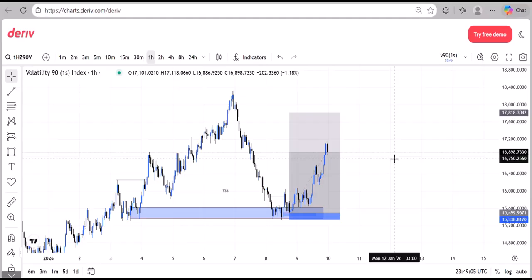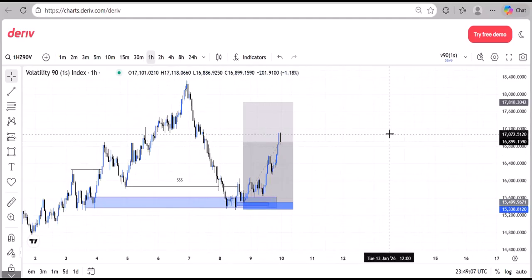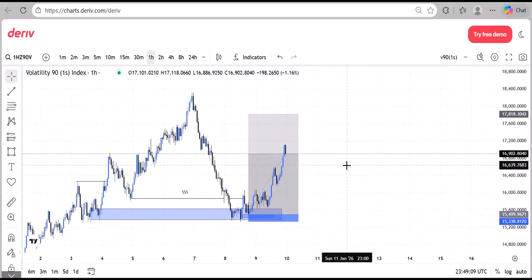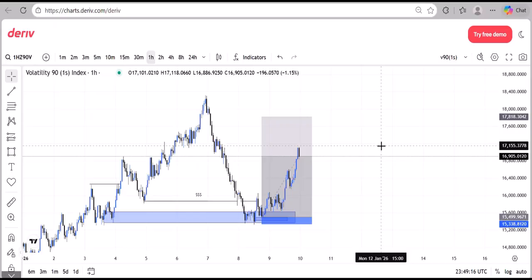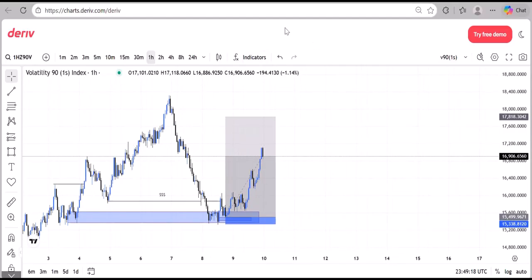So that's how we spotted this sniper entry in this particular instrument. That's a volatility 91x index.